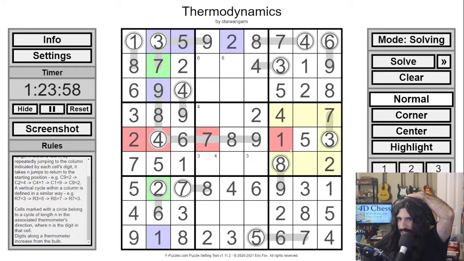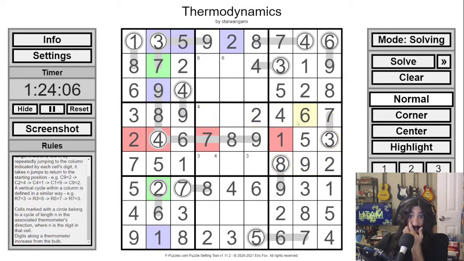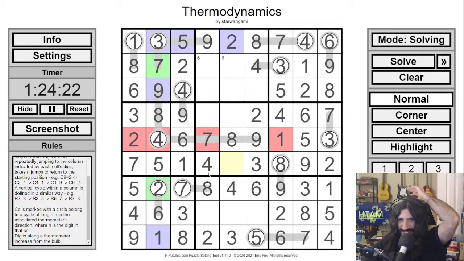So now in here we need a 6 and a 9. So 9 here because of this 9, which means this is a 6. Now we can do... this isn't a 4, so a 4 has to go boom, boom. This is a 4, and this is a 3. Now this is a 6.